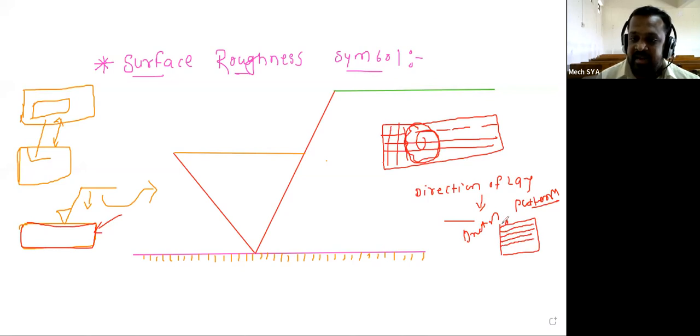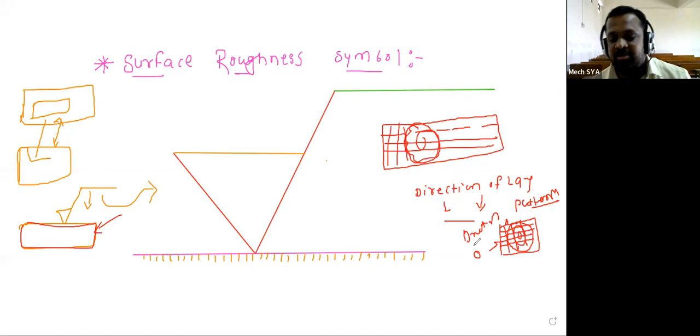If the pattern of that irregularities is perpendicular, that time we can say the direction of lay is perpendicular. If suppose the pattern of that irregularities is circular, that time we can say the direction of lay is circular, like this. Understood what is meant by the direction of lay?